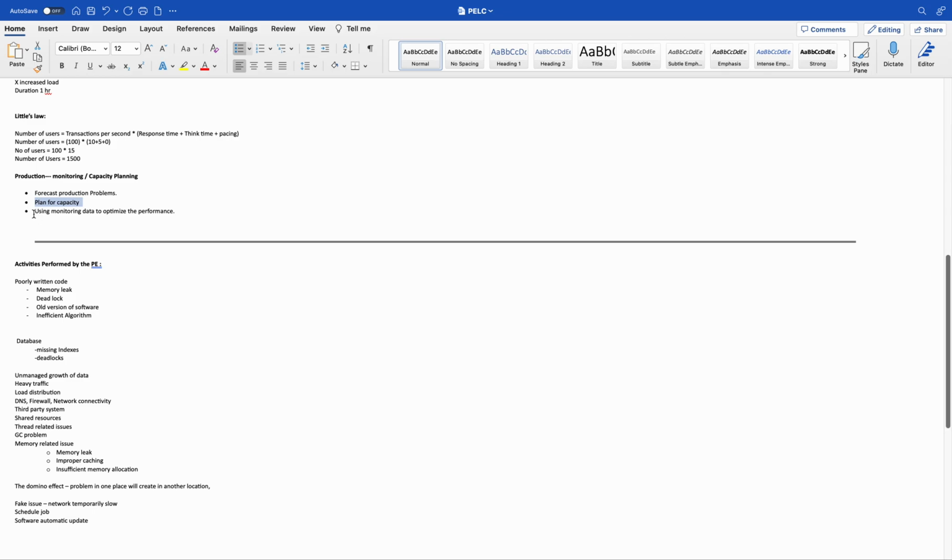Next one is using the monitoring data to optimize performance. So for this we can say optimizing performance involves leveraging the information collected from various monitoring tools to make informed decisions and improvements in the performance of the system or application.